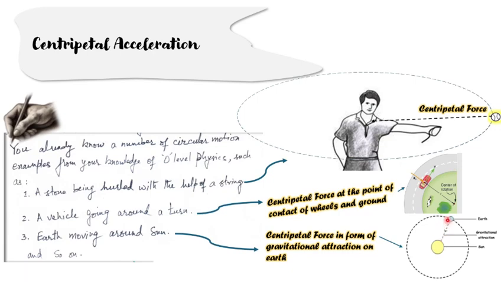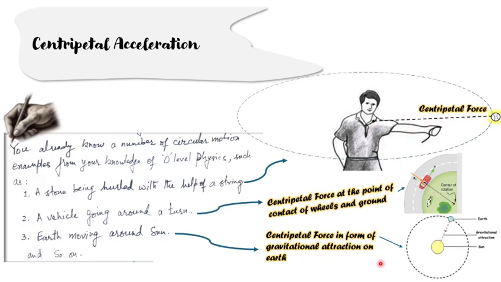Similarly, in an atom, electrons going around the nucleus in their orbits, there is electrostatic force that is providing centripetal force, and all these centripetal forces are resultant forces.